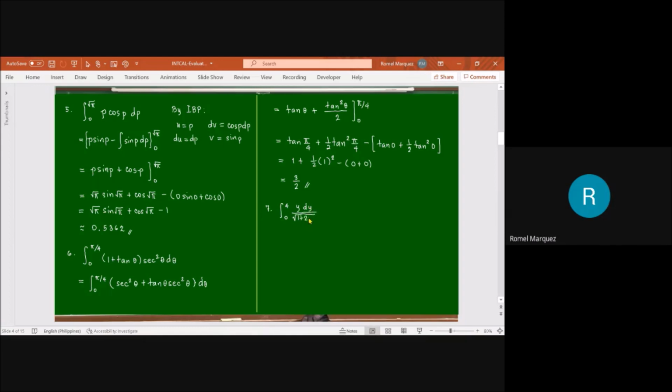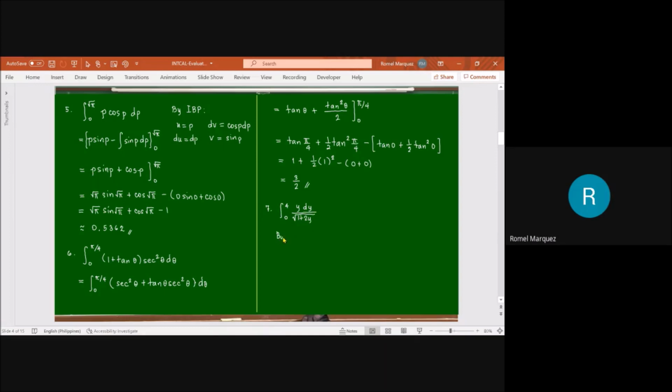Okay? So how are you going to evaluate this, guys? You can apply what? Algebraic substitution, huh? Actually, you can apply basic integration, but you need to manipulate. But let us have it by algebraic substitution.